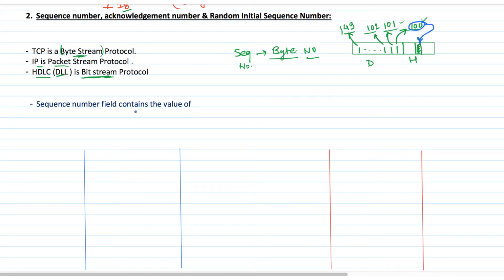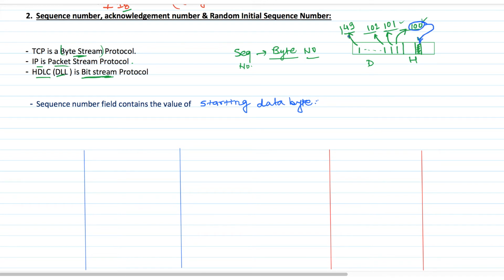So the sequence number field contains the value of the starting data byte. Always remember this point.